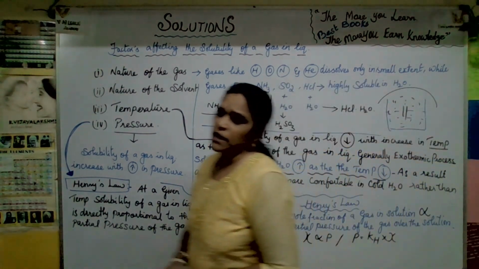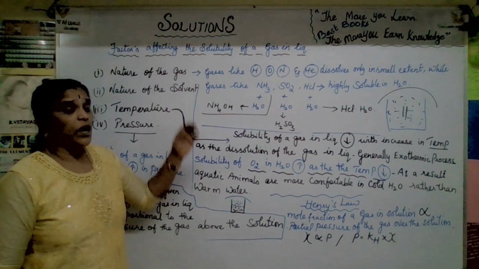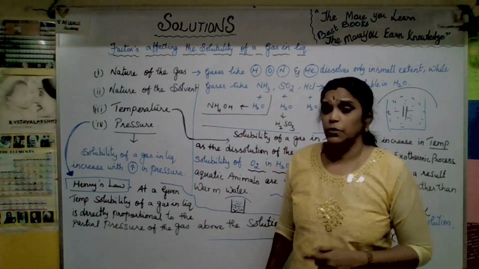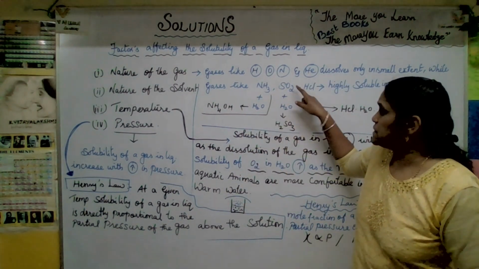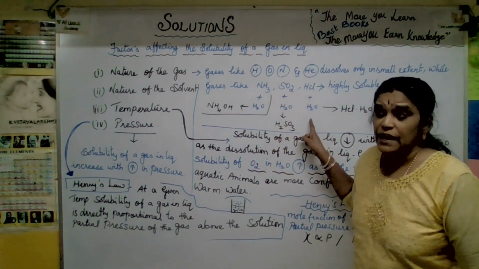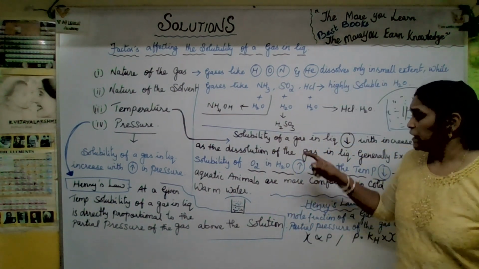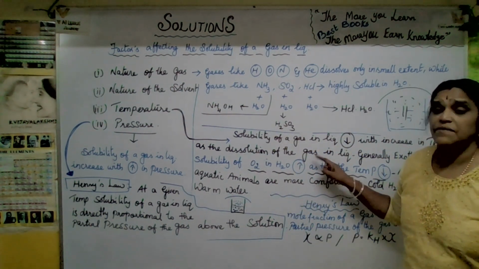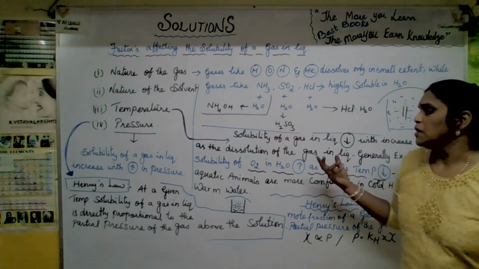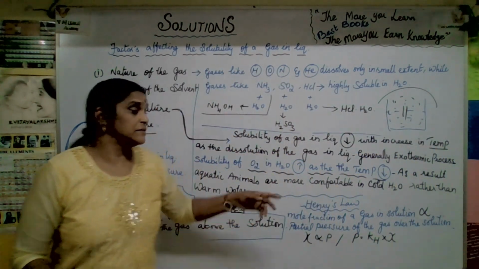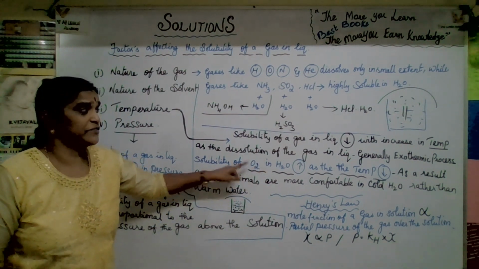Okay, hope you got a better idea about the factors affecting the solubility of a gas in liquid. They may ask this in choose the correct answer or assertion-reason questions. Many times they have asked assertion-reason questions on this point. Aquatic animals are more comfortable during the winter season. Why? Indirectly they are asking such a question.